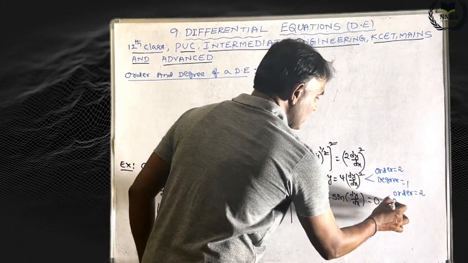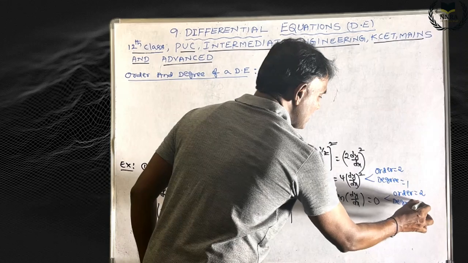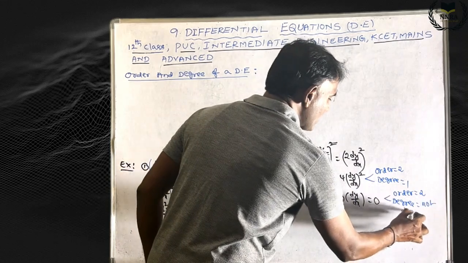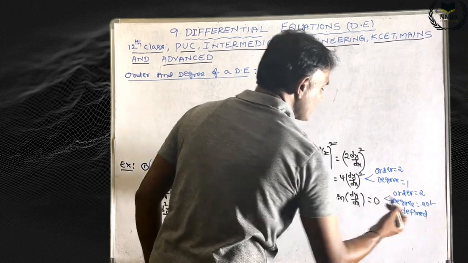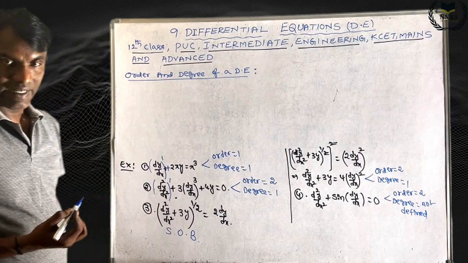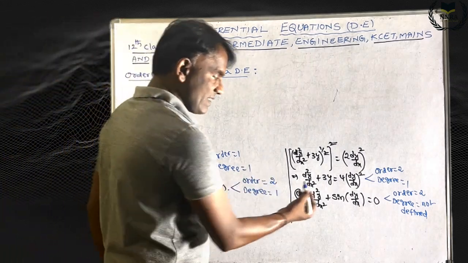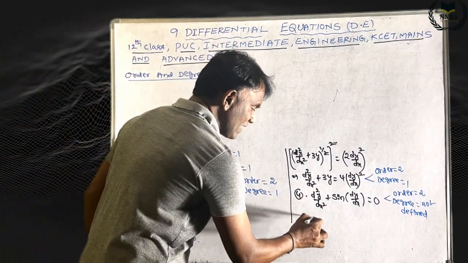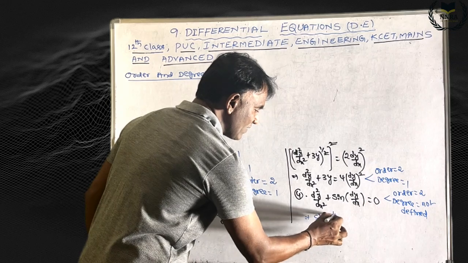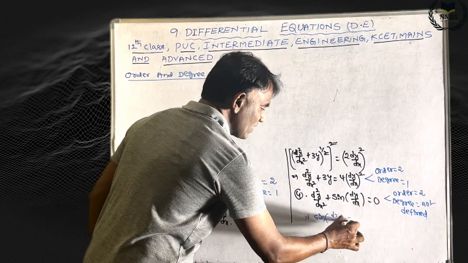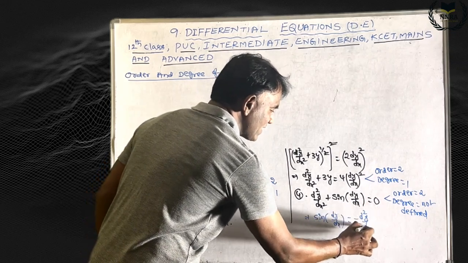And coming to degree, we say that degree is not defined. Why is degree not defined? Because if I simplify this equation, sine of dy by dx equal to minus d square y by dx square.